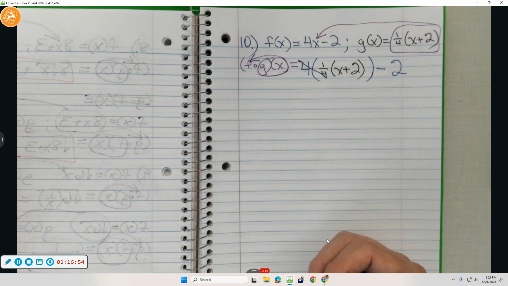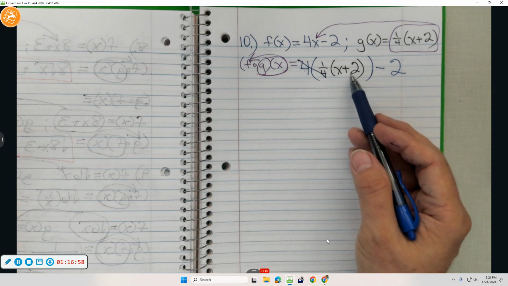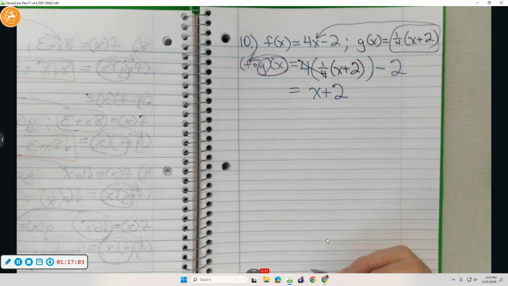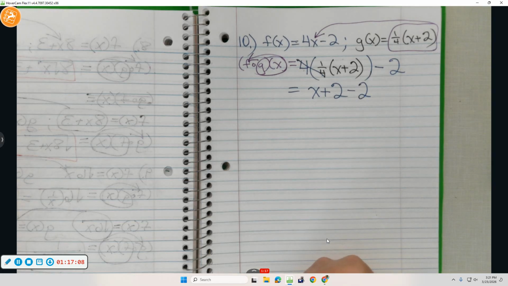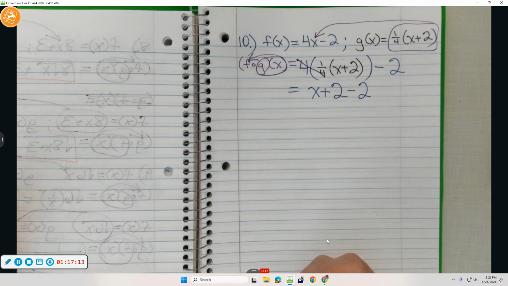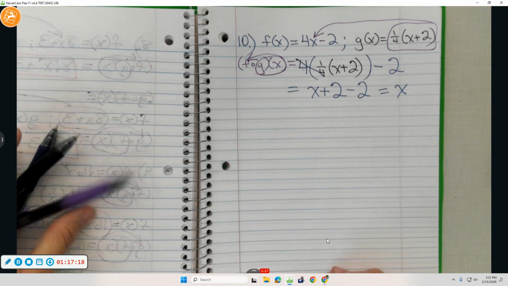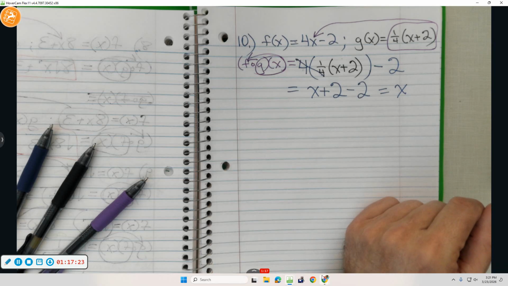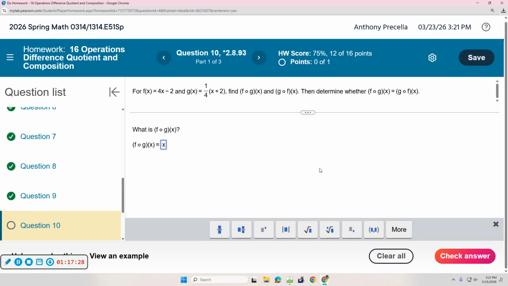So the only thing we have left to multiply is just 1 times x plus 2. That's x plus 2. Well, we still have a minus 2. X plus 2 minus 2. This works out really nicely. What's it going to reduce to? X. Everything except the x canceled out. So f composed with g of x is equal to x.